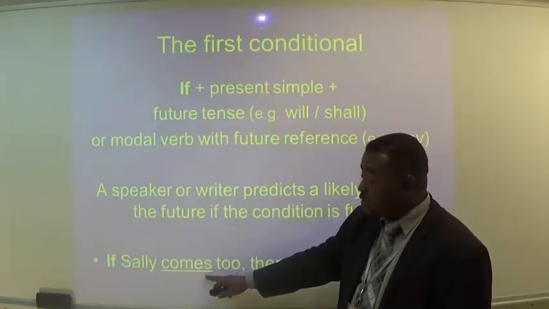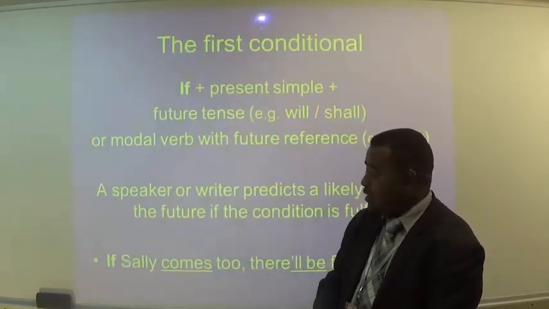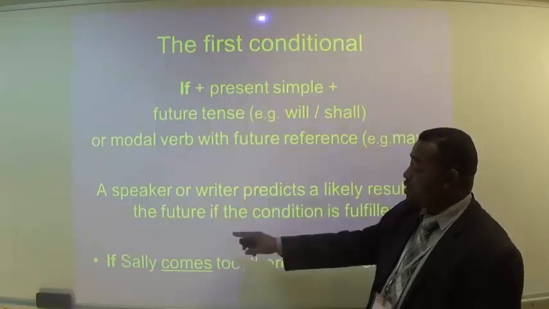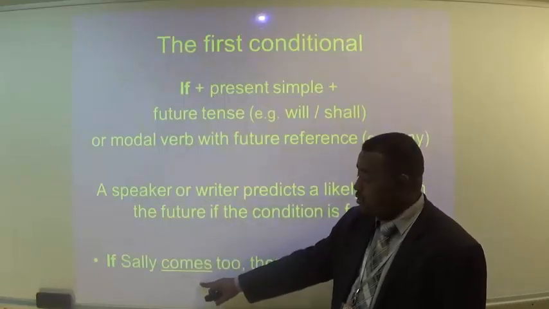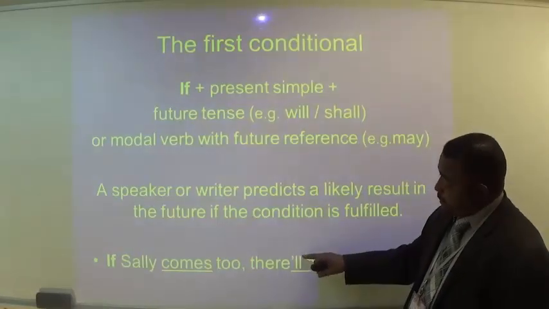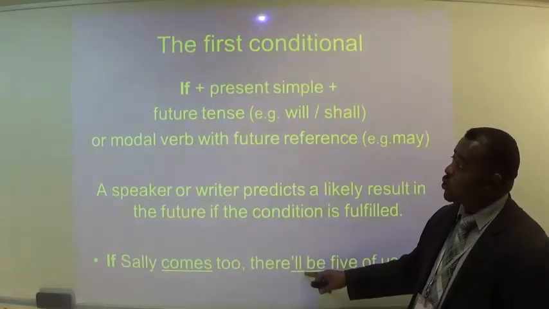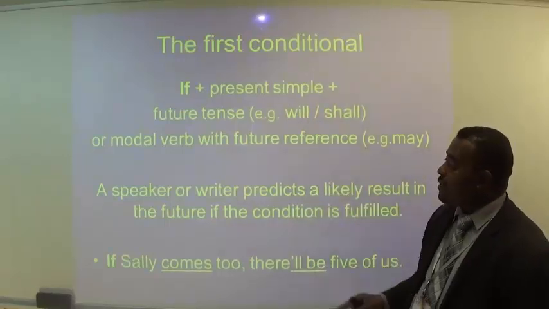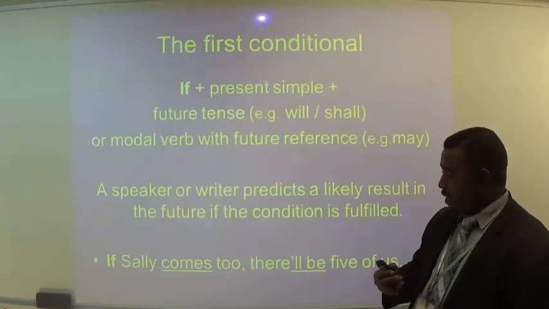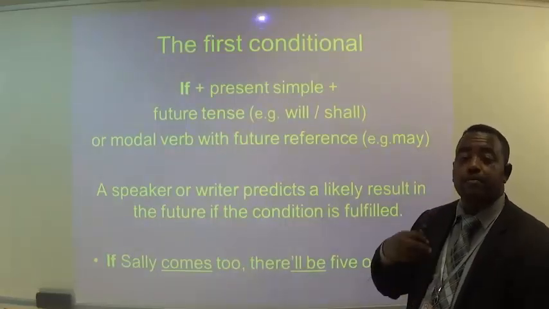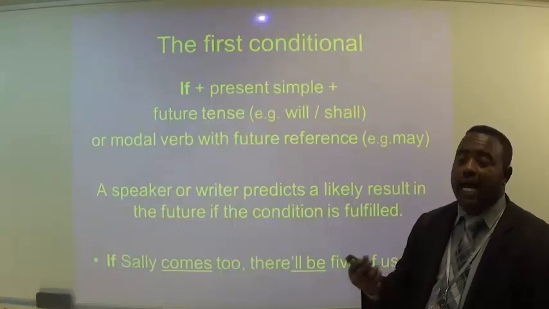Some students may get confused by choosing the verbs wrongly. And there'll is contracted from there will. Contraction means some letters are omitted, and it is usually used in the spoken language.